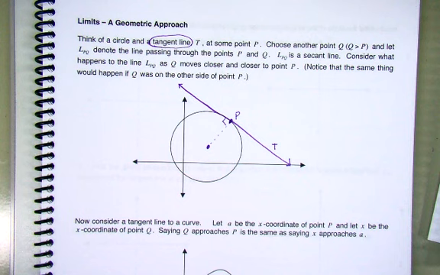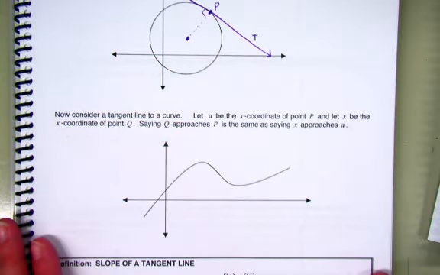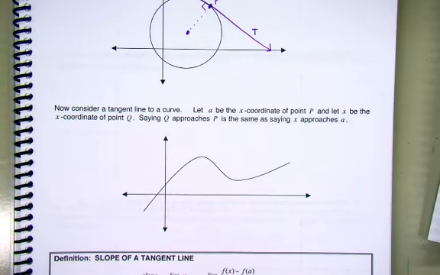Okay? So what I'm going to take that to now is, what if we have some other sort of curve? Not a circle, but like a parabola or a cubic squiggle or some other equations, other graphs. How could we find the slopes of their tangent lines? So let's look at this example here. We want the tangent line to a curve, okay?